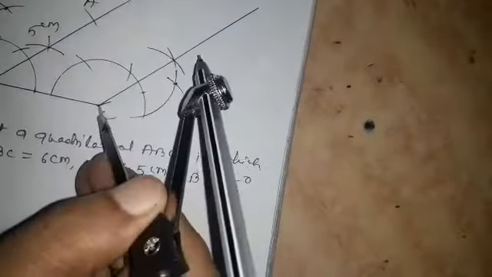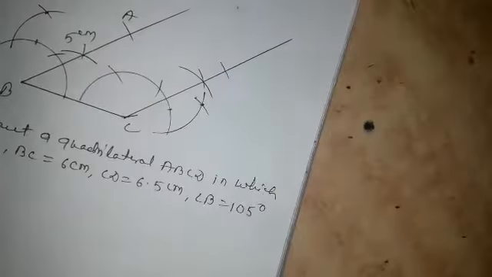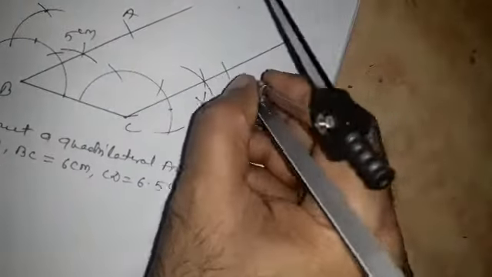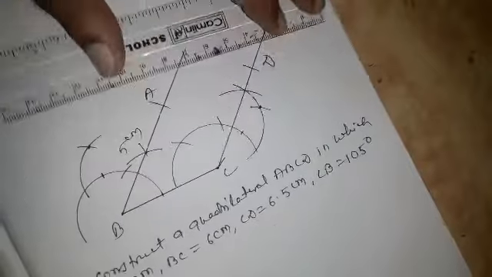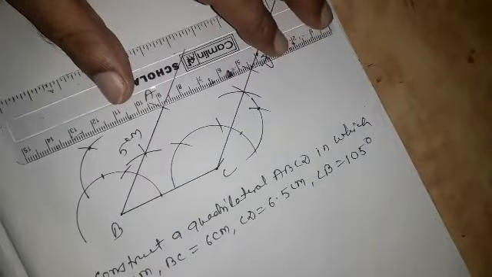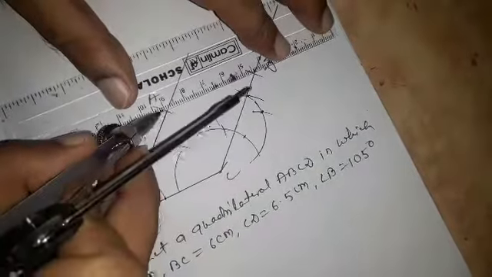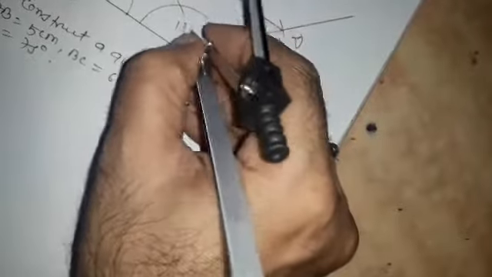CD is also 5 centimeters. Mark D and join AD. Thus ABCD is the required quadrilateral, with angles 135 degrees and 45 degrees.